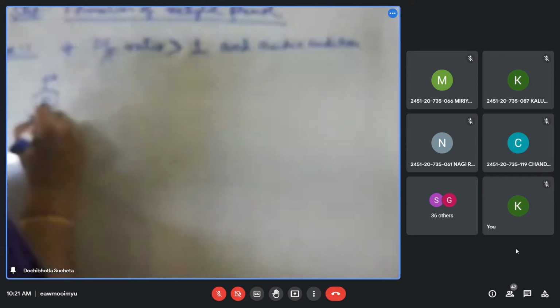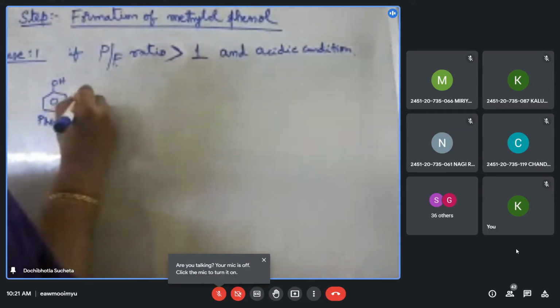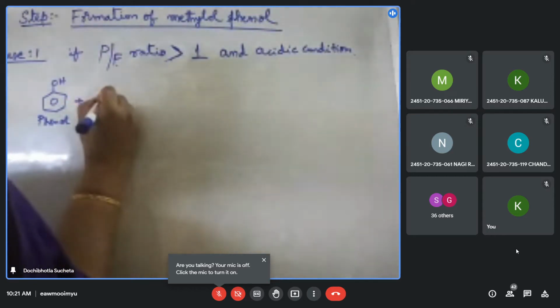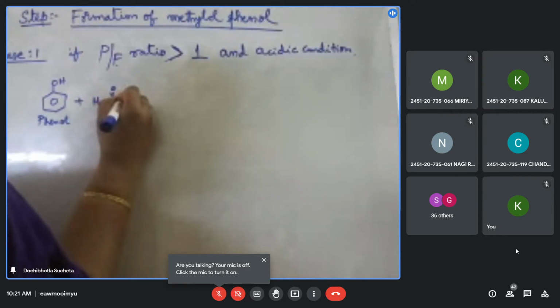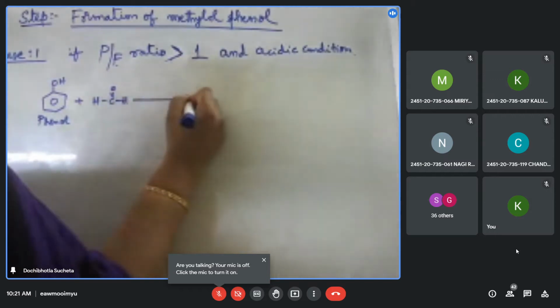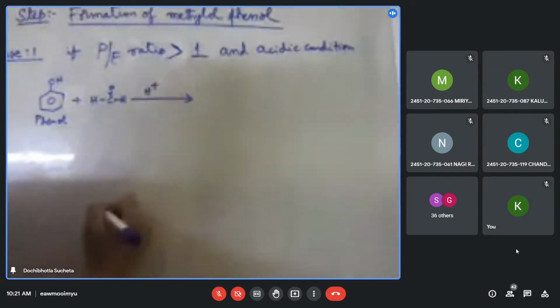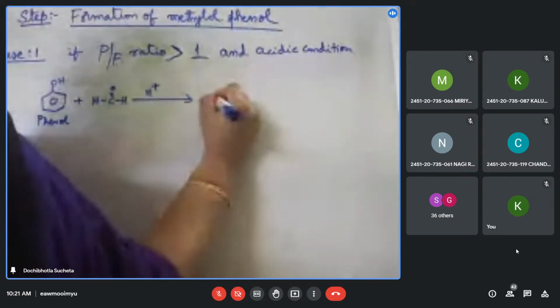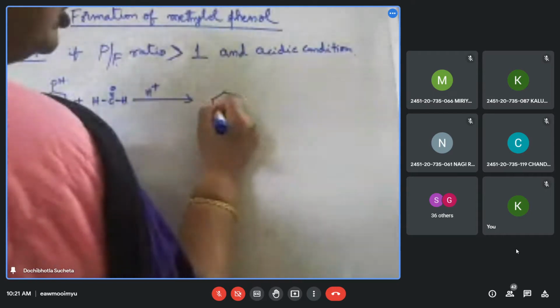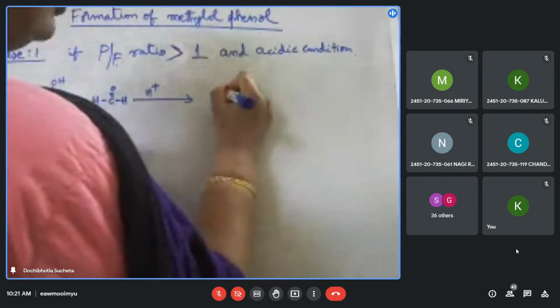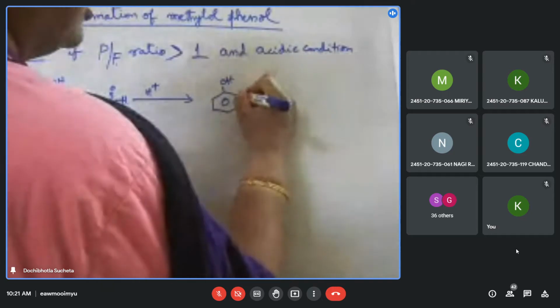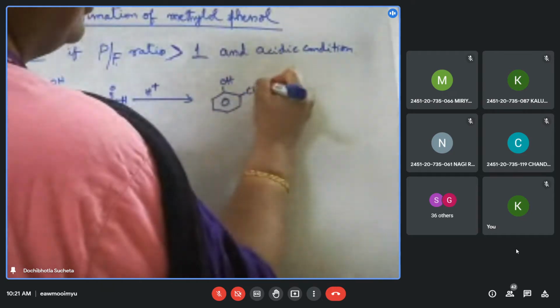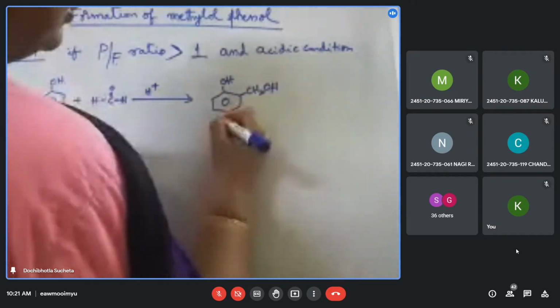Onto the phenol, this formaldehyde molecule adds by condensation. Conditions are acidic, so you will put H plus. It will result in the formation of ortho-methylolphenol or para-methylolphenol. Para is more in number.